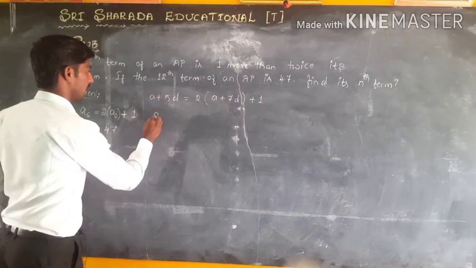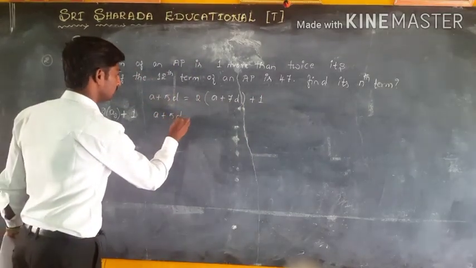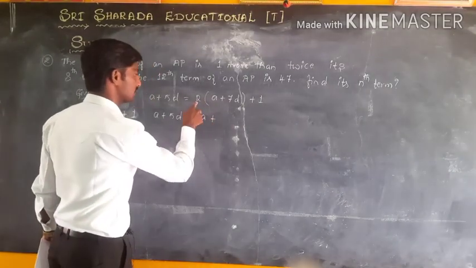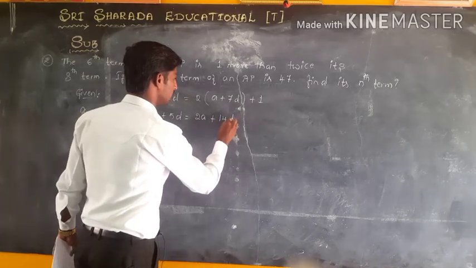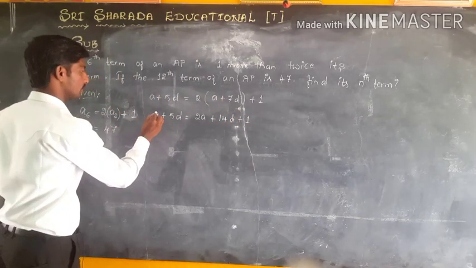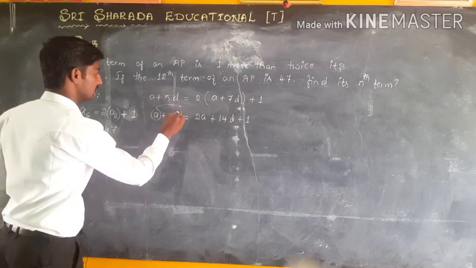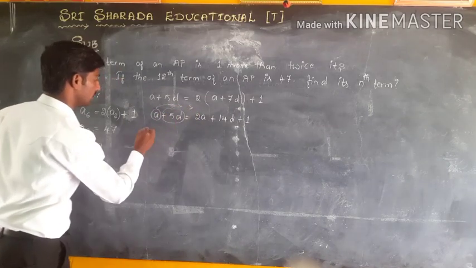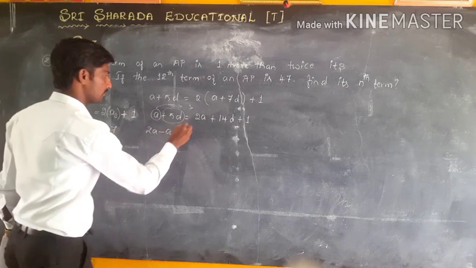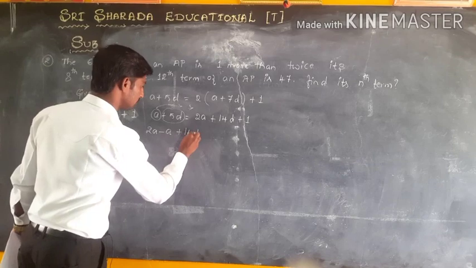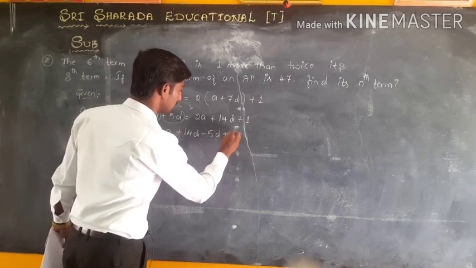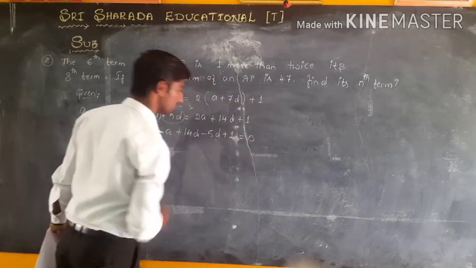Now solve it. A plus 5D is equal to 2 into A, that is 2A, plus 2 sevens are 14D, plus 1. Now according to the rule of transposition, send these terms to that side. 2A, this plus A will become minus A, plus 14D, plus 5D becomes minus 5D, plus 1 is equal to 0.